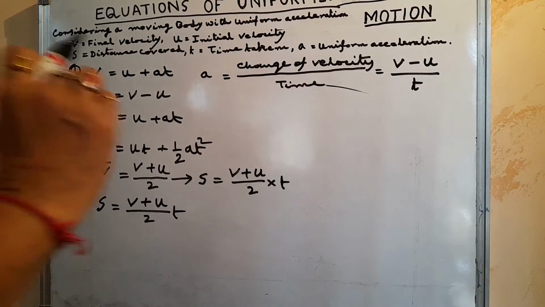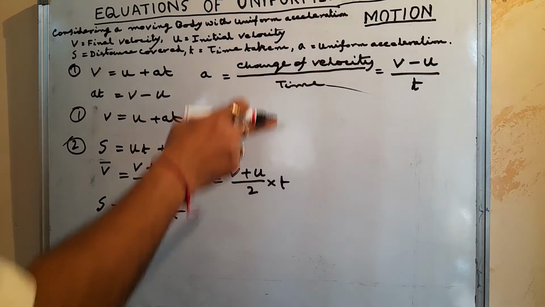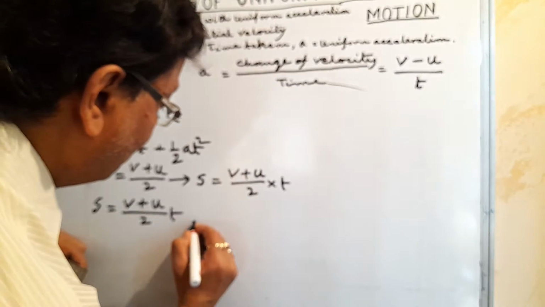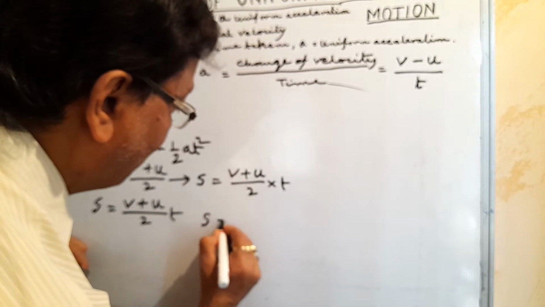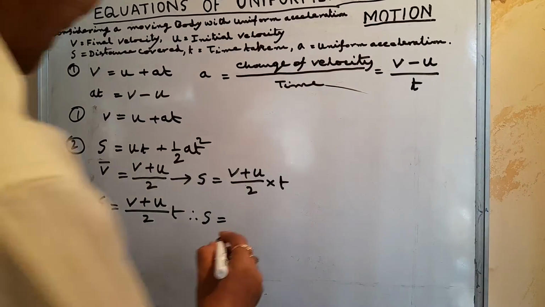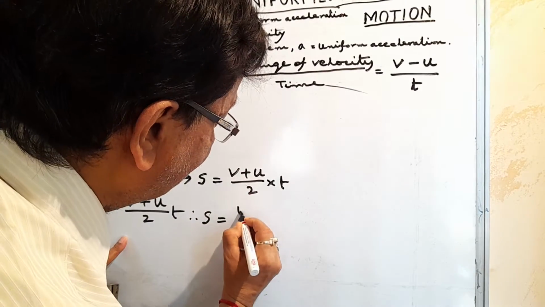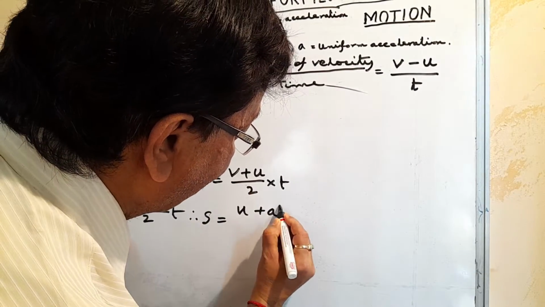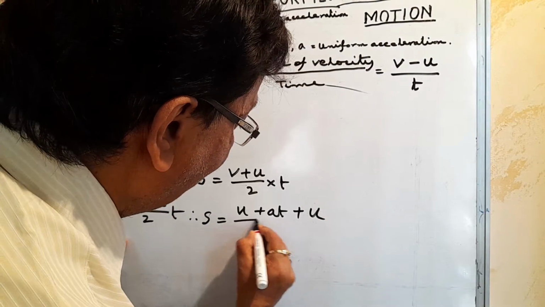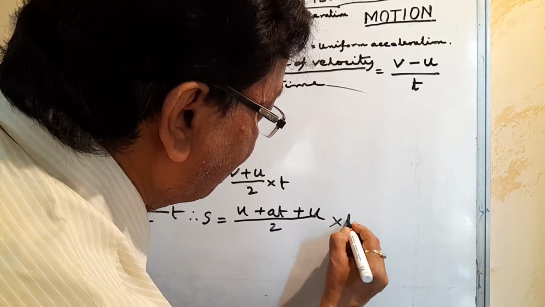From the first equation of motion, we know v equal to u plus at. Now put the value of v here. So s equal to, v means u plus at, again plus u, divided by 2, into t.